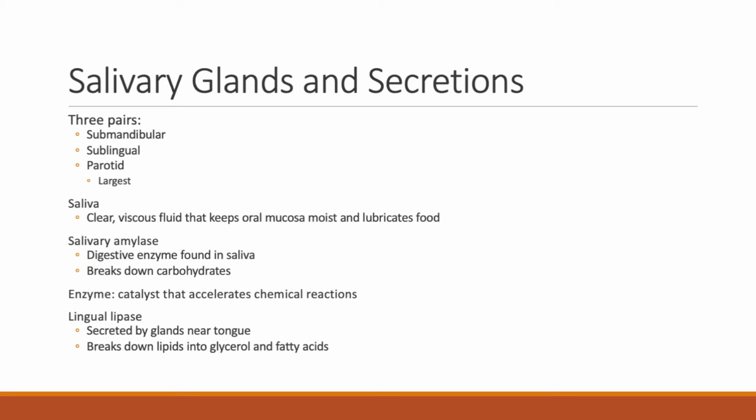Salivary amylase is the digestive enzyme found in saliva, which breaks down carbohydrates. The enzyme is the catalyst that accelerates chemical reactions. Lingual lipase is secreted by glands near the tongue and breaks down lipids into glycerol and fatty acids.